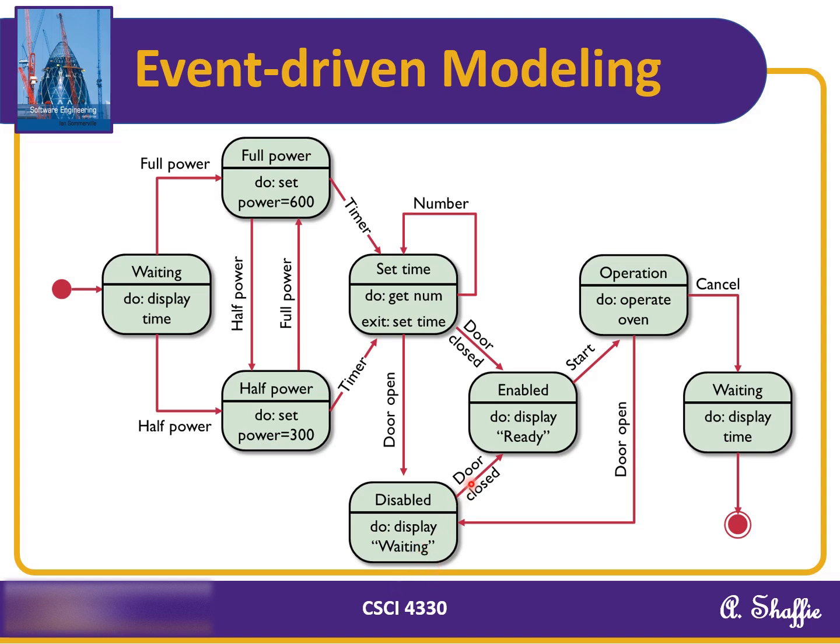Once the door is closed, a transition will happen to the enabled states. Take a look at the rest of the states on the diagram for a complete view. This should help solidify your understanding of how state diagrams illustrate the various states and transitions within a system. And I also encourage you to see more examples in the textbook.